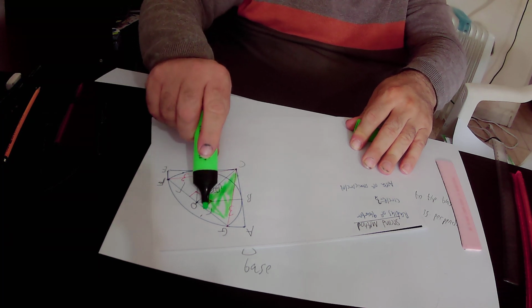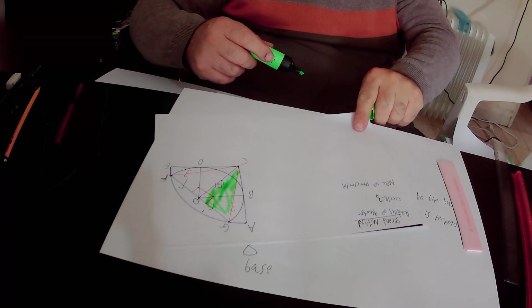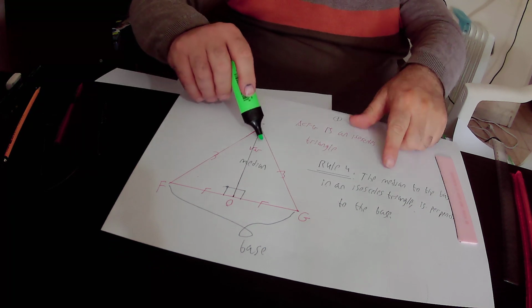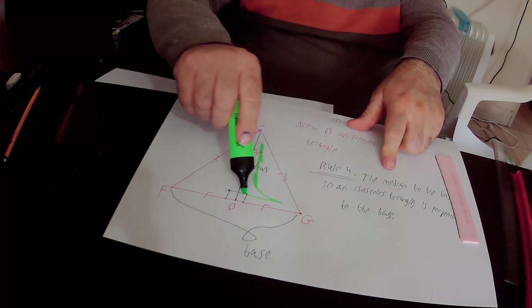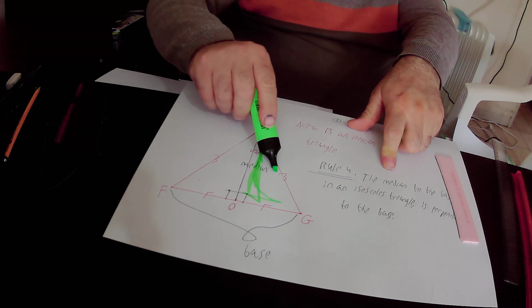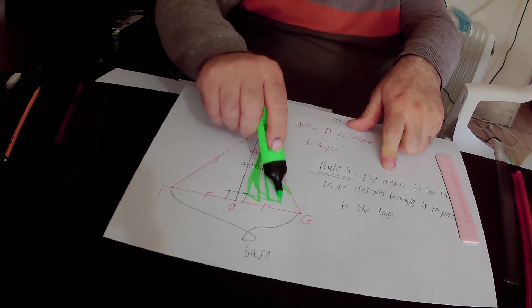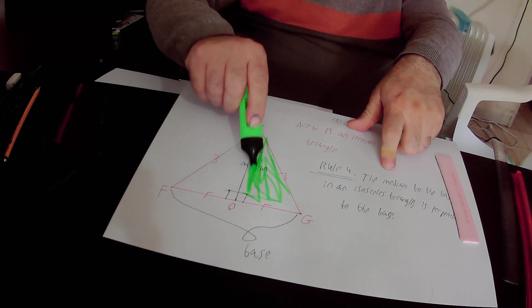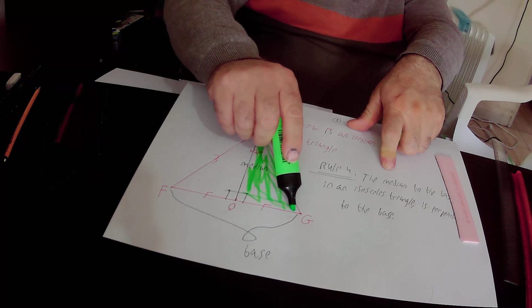Okay, this triangle, triangle COG. So I will copy the right triangle, triangle COG in a new page, and we will implement the Pythagoras theorem on this green right triangle, triangle COG.